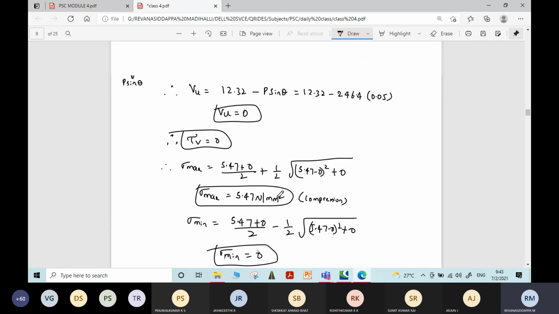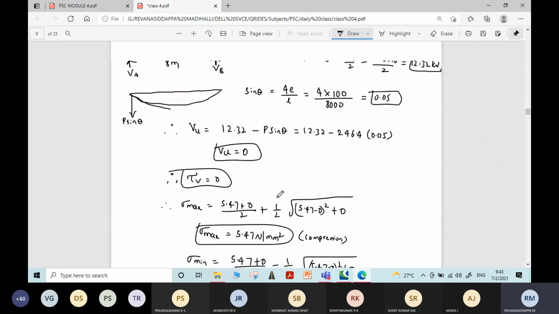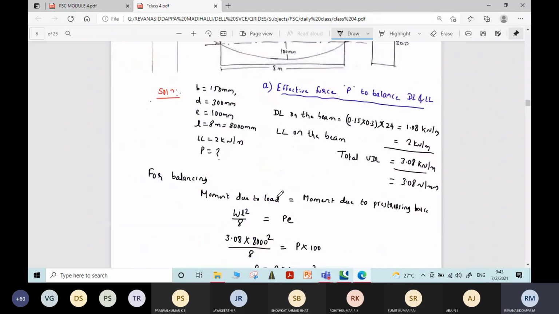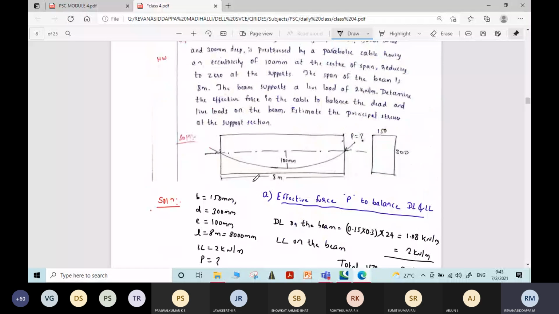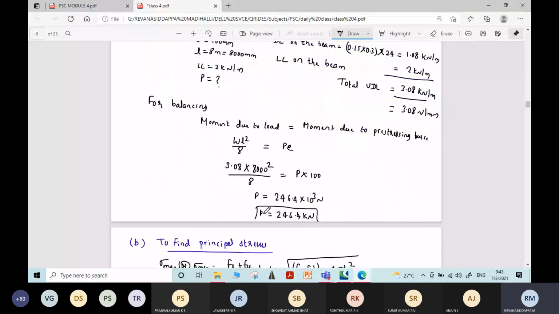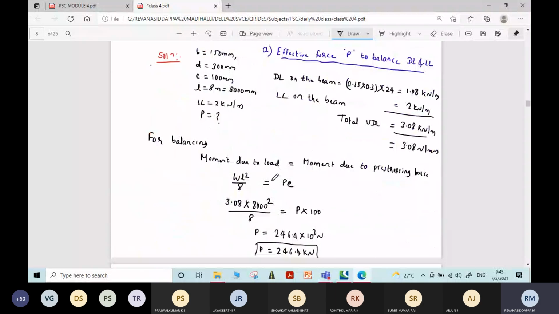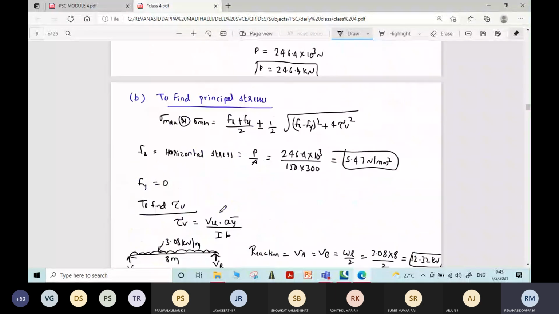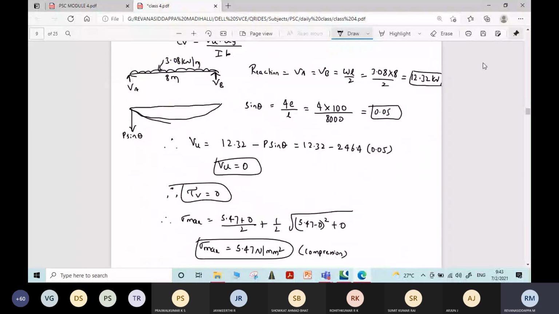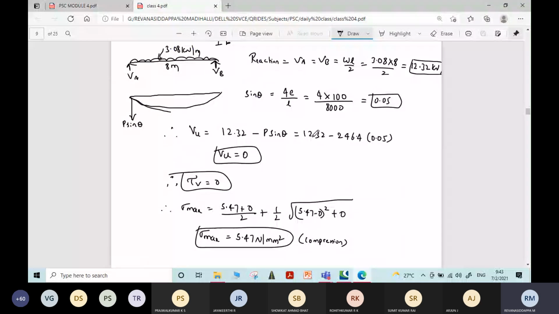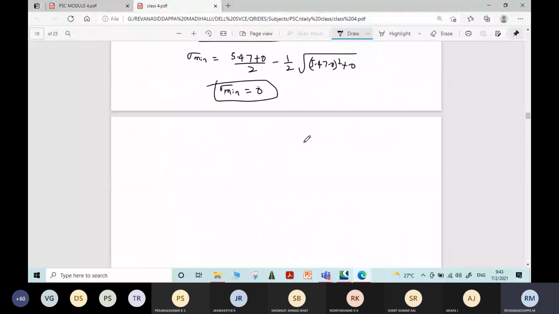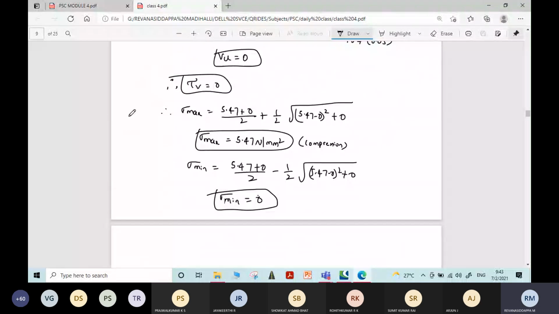Okay. So this completes the problem. We have determined the pre-stressing force P required to balance both dead load and the live load. After getting pre-stressing force, we determined the principal stresses using the formula. Very simple problems. If you have got any doubts, you can ask.